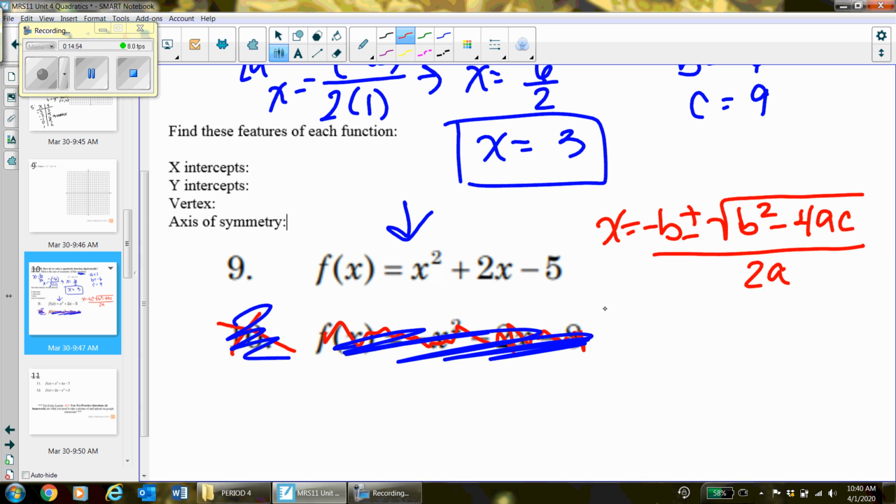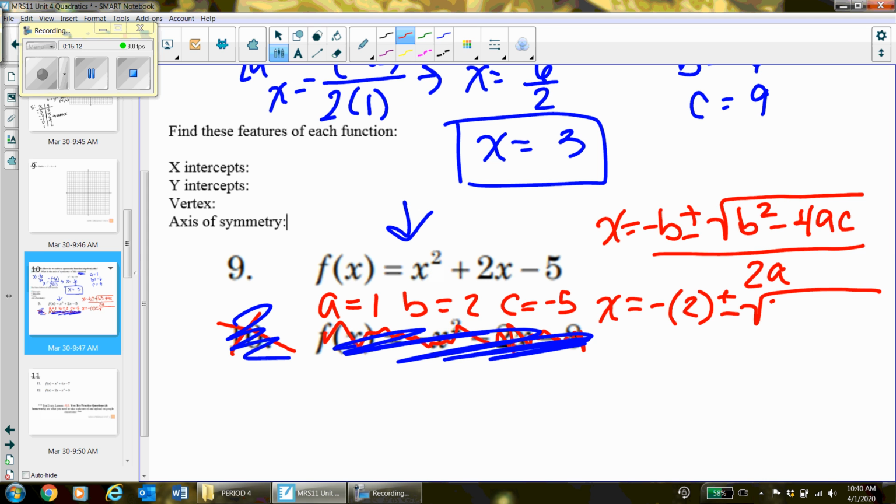All right, so let's label my a, b, and c. My a is 1, my b is 2, my c is -5. I'm putting everything that I'm plugging in into parentheses. So I have x equals -2 plus or minus the square root of 2 squared minus 4 times 1 times -5.